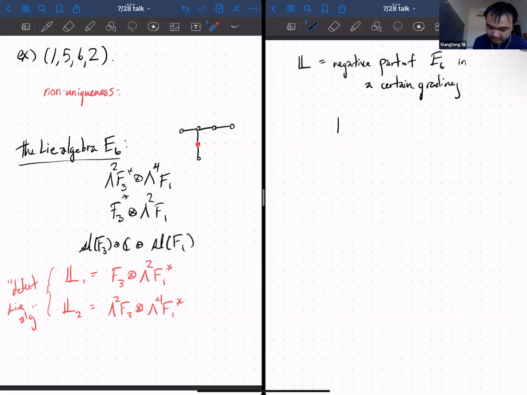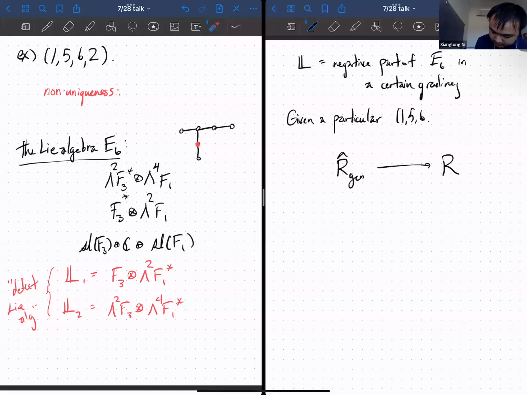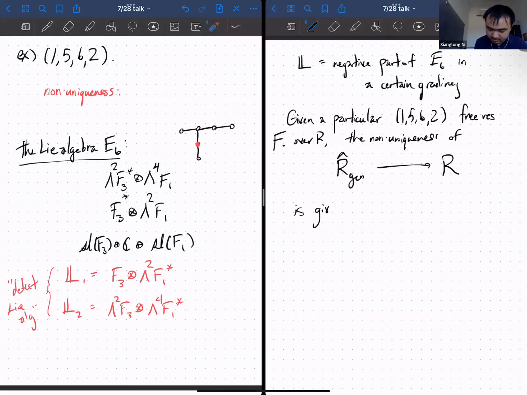And the idea is that given a particular free resolution for R, the non-uniqueness of this map is given by L tensor R. Right?